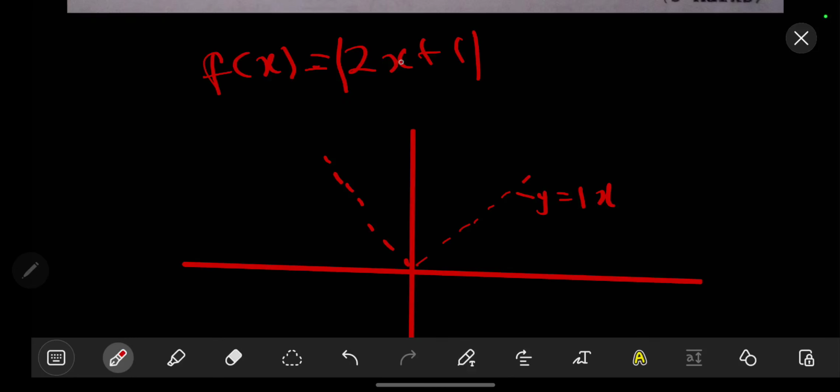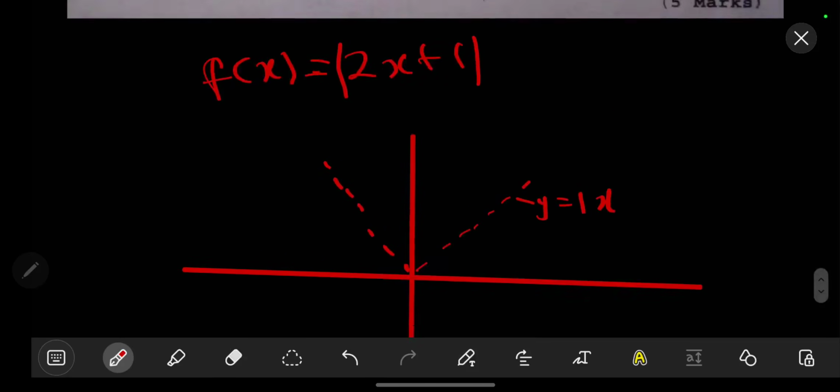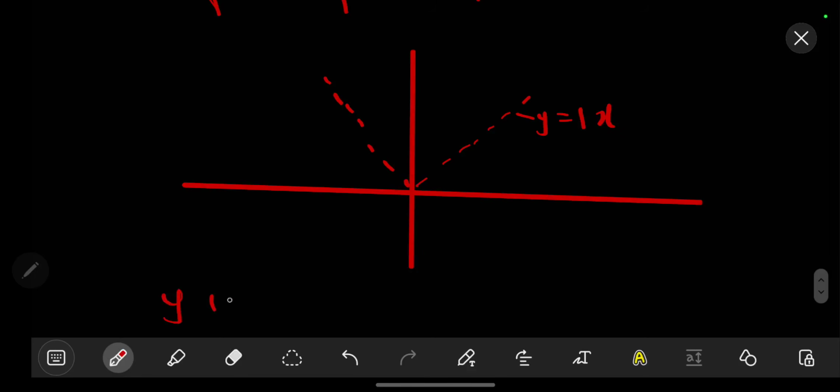We are going to get two very important points, which are where the graph passes the y-axis. So the y-intercept, where x is equal to 0.